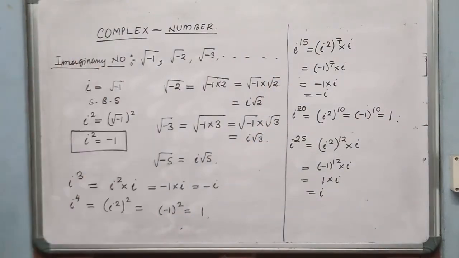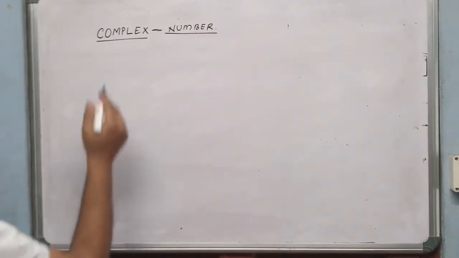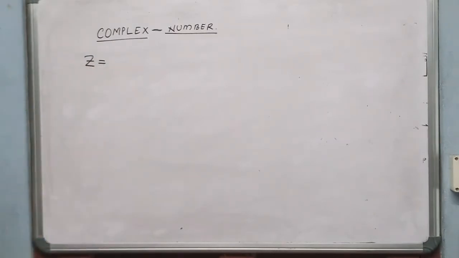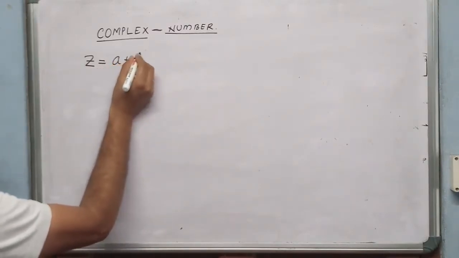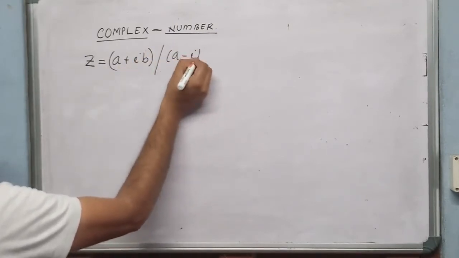Now this is for imaginary number. Next we'll discuss what is a complex number. The complex number is represented by Z, and we can write it like this: A plus IB or A minus IB.